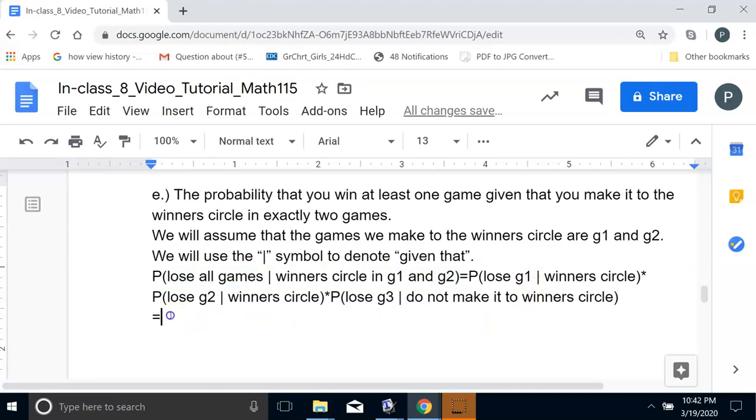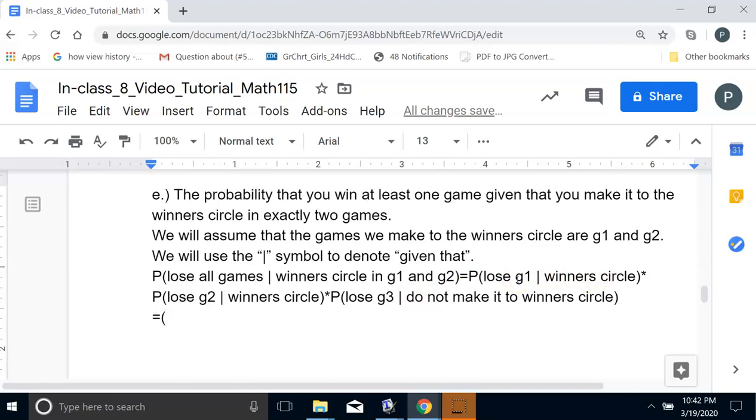Okay, so let's work out these things. The probability that we lose game one, given that we make it to the winner circle, well, you're in the winner circle, it's just you and somebody else.